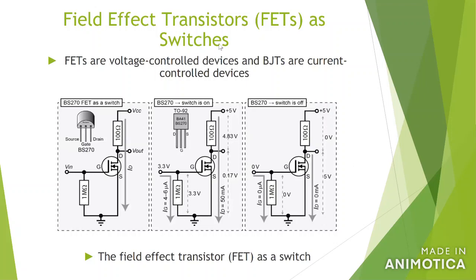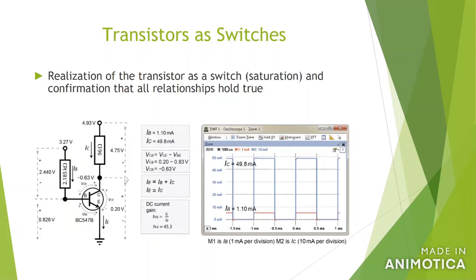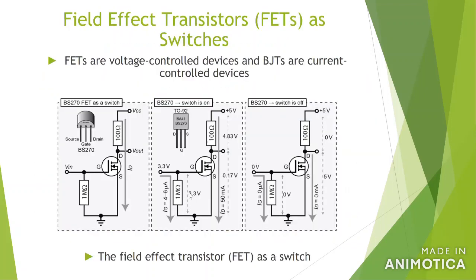Usually we use a different symbol to represent it. For the BJT transistor, we use this symbol, and for the FET transistor, we use this symbol. But anyway, they all have 3 legs, and in this case, we don't call them B, C, E. We call them G, D, S. But they are pretty similar.